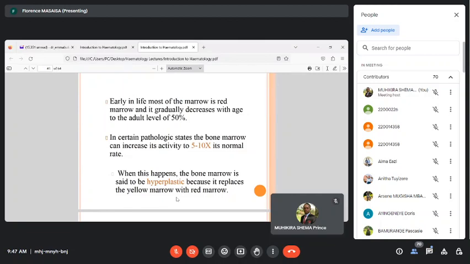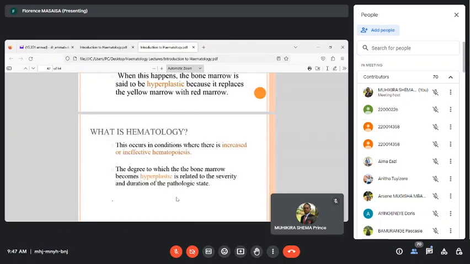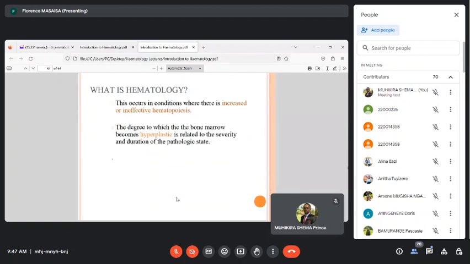That will make an excess number of cells in the bone marrow as the inactive one is producing. What are the conditions which may cause the bone marrow to increase production? It's usually when there is ineffective hematopoiesis, but the degree of hyperplasia will depend on the severity and the duration of the underlying condition.